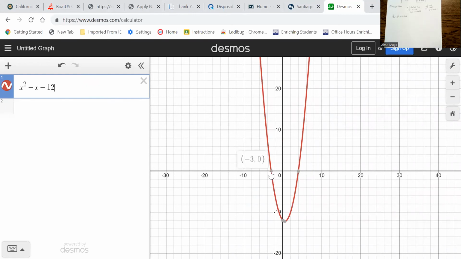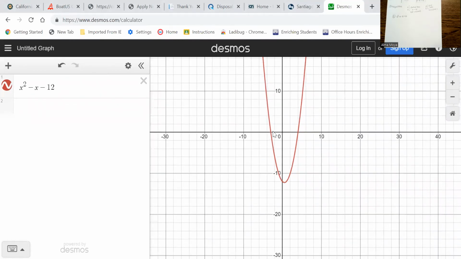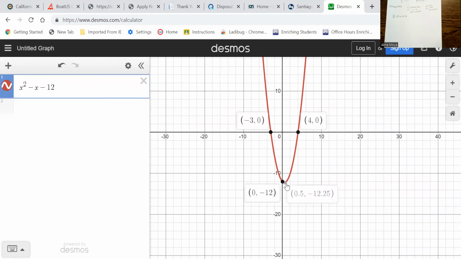As you can see here, it crosses the x-axis at -3 and 4, and it crosses the y-axis at -12. And then it has a minimum value down here. I'm going to sketch this graph right here, but I want to make sure I label these points on there. All right, so let me sketch those.